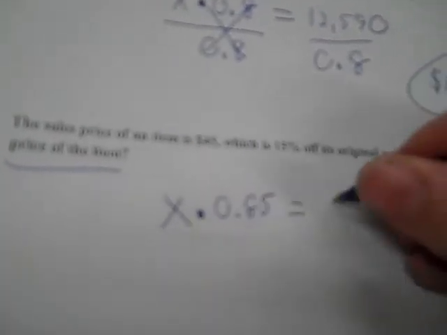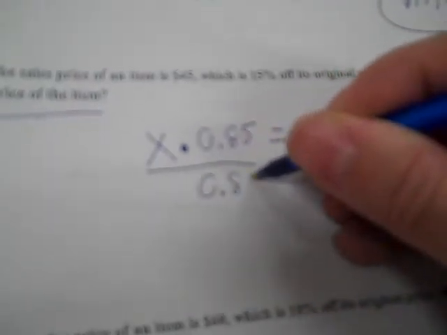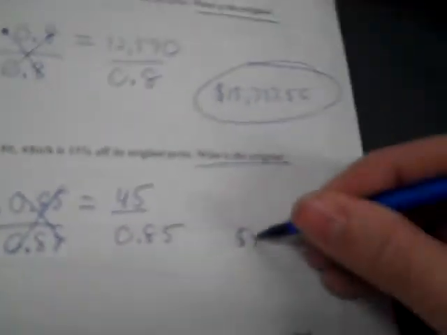And our new price ends up at 45, but we've got to find out the price we started with. So it will be backtracking. So 45 divided by 0.85 is going to be $52.94. Sometimes you have to round on these problems to the nearest cent.